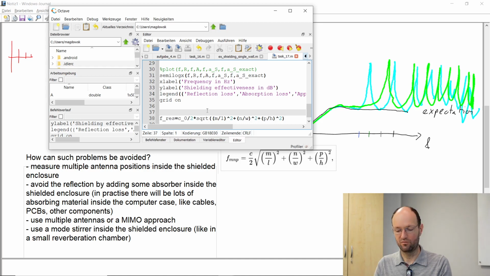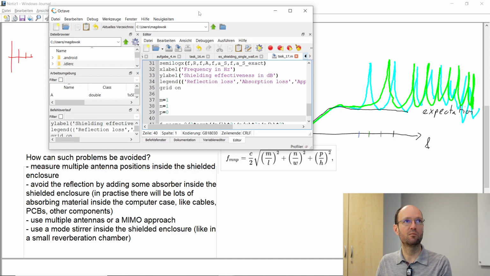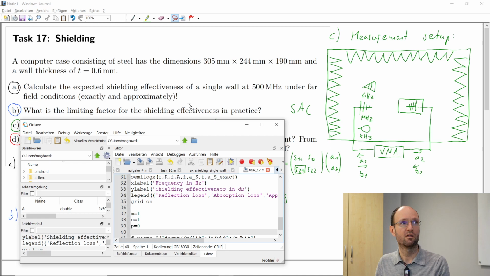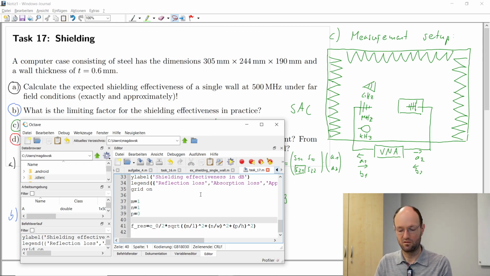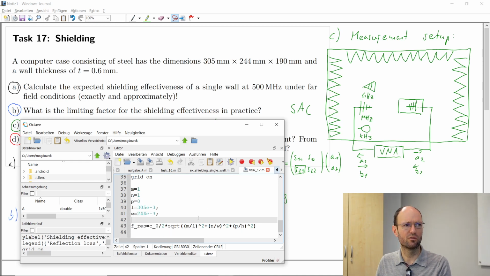And now if we set M to 1 and N to 1 and P to 0, this should give us the smallest resonant frequency, and now we need the dimensions of the case, and this is what we find in the task sheet. So let's set L, the length, to the largest dimension, 305 millimeter. W, the width, to the next smaller dimension, 244 millimeter, and how was it called?